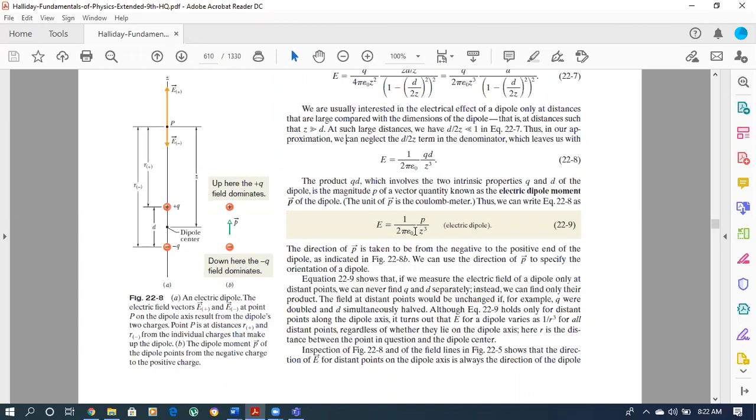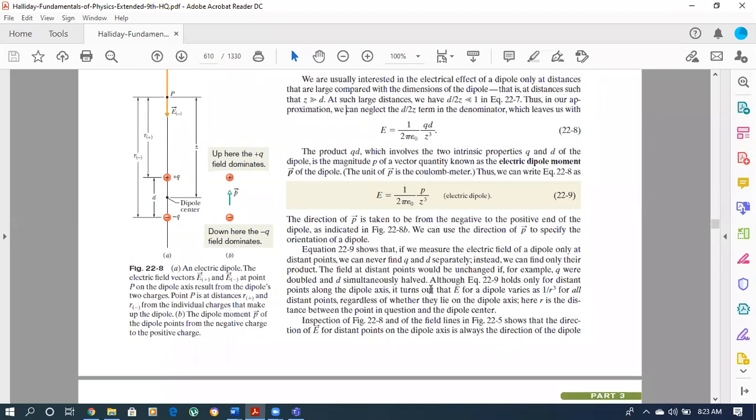In the case of an isolated charged particle, the field depends on the reciprocal of the square of the distance between the charge and the point. Here it is cube, depending upon the cube power. So ultimately the strength will be reduced, and it also depends upon the magnitude of the separation in the case of a dipole. This situation is important for understanding the questions.